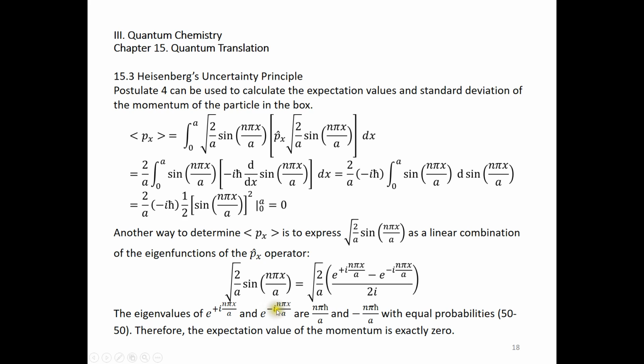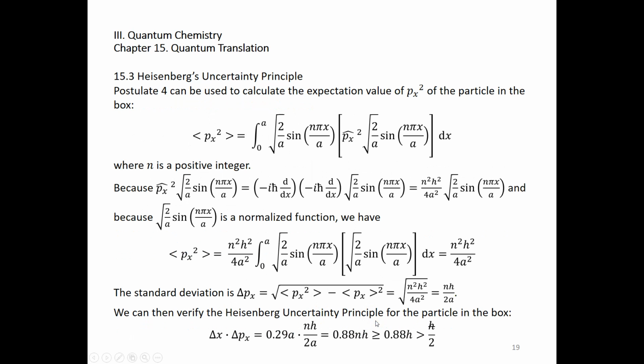Their eigenvalues are kh bar and negative kh bar, where k is n pi over a. The probabilities are equal, so you have a 50% chance to get n pi h bar over a, and a 50% chance to get negative n pi h bar over a. So the average has to be 0.